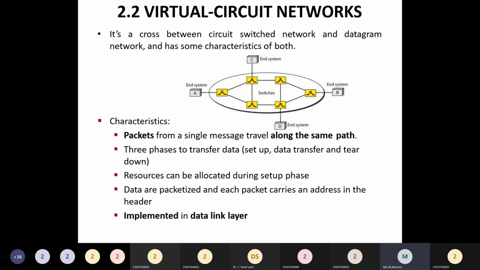So the second one is a connection oriented packet switched network, also called virtual circuit networks.